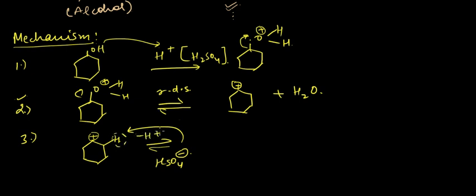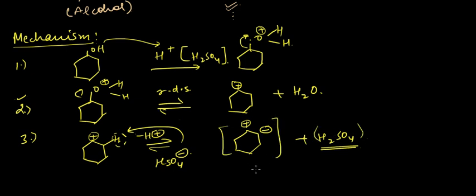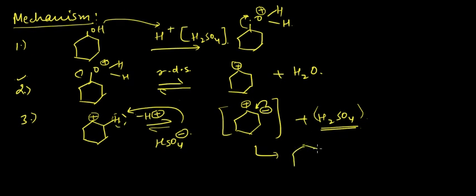So minus H plus takes place here, resulting in this compound, and the H plus is recouped into the H2SO4 molecule. This forms a double bond between these two carbon atoms. Hence the formation of alkene takes place.